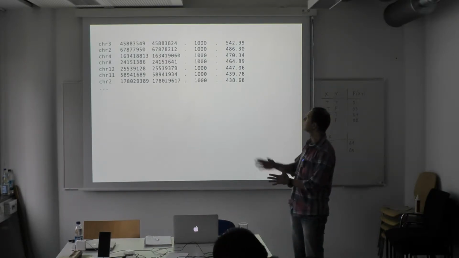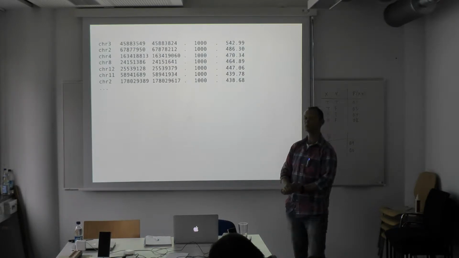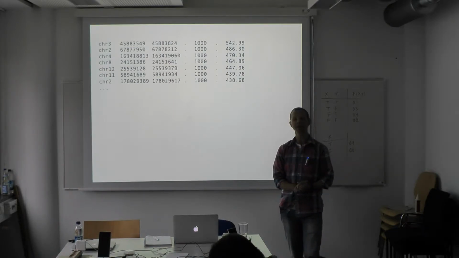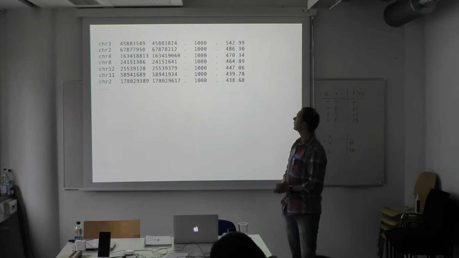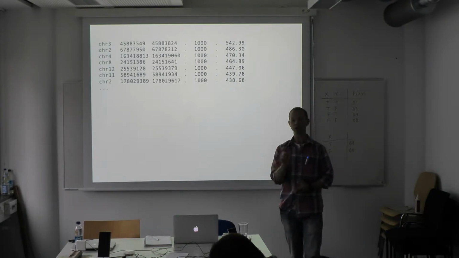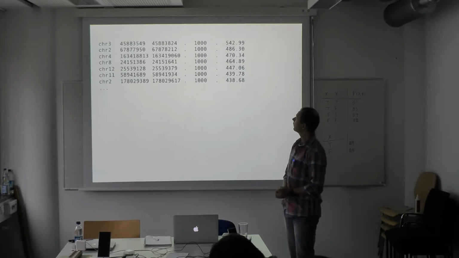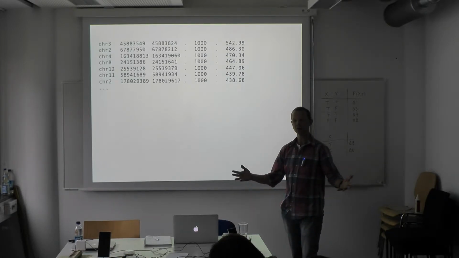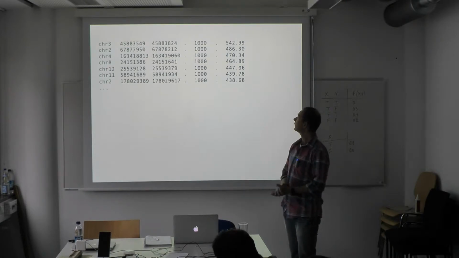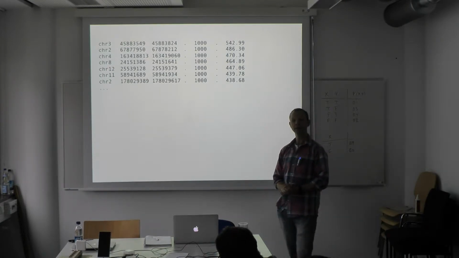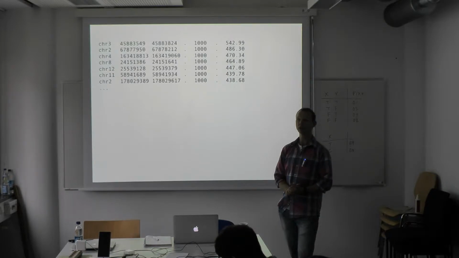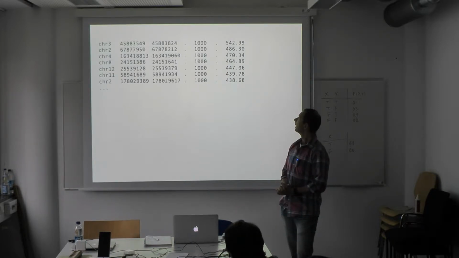What does it look like? Well, it looks like this. So the first column is a chromosome identifier. Second column is a location, a genome location on that particular chromosome. So these are big numbers because the chromosomes are long. The third field there is also a location on the chromosome.